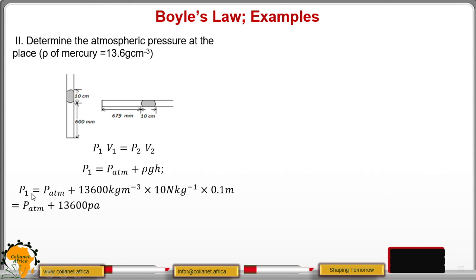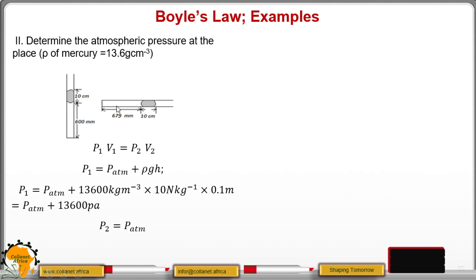So our total pressure will be P atmospheric plus the pressure due to this column, which is given by the density times g times height. Our height was 10 centimeter, so by converting it into meters, you get 0.1 meters. And when you multiply, you get P atmospheric plus 13,600 pascals. So this will be the total pressure P1 in our first case.